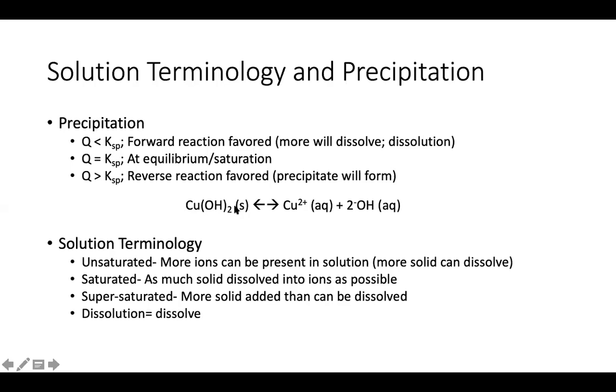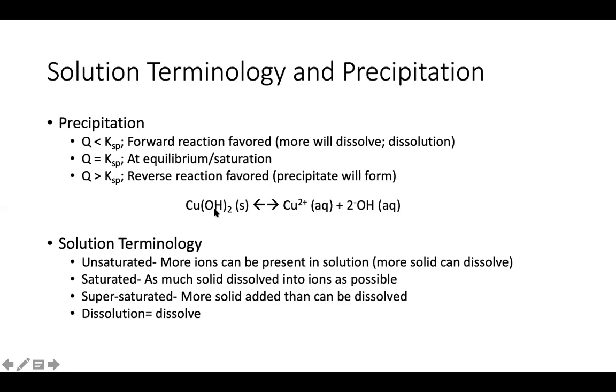Below, I put a little example reaction of the dissolution or ionization of copper hydroxide. Our reactant is a solid and our products are the ions it can split into. So if Q is less than K and our forward reaction is favored, that means we're going to be dissolving more ions.